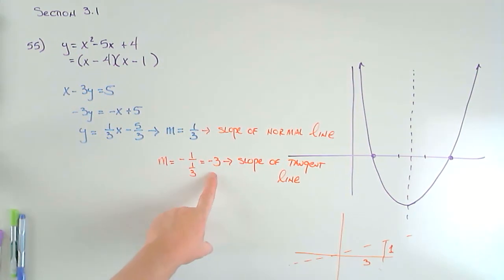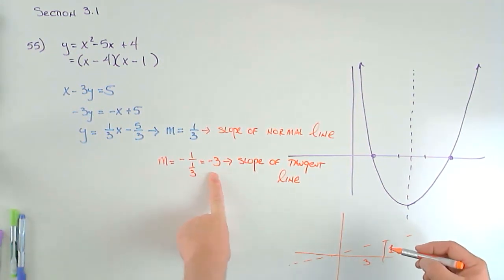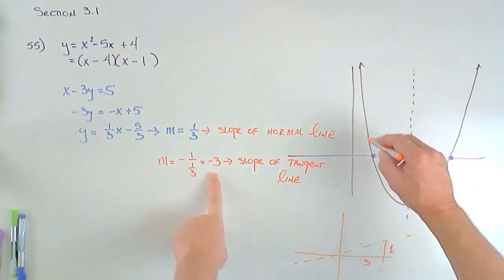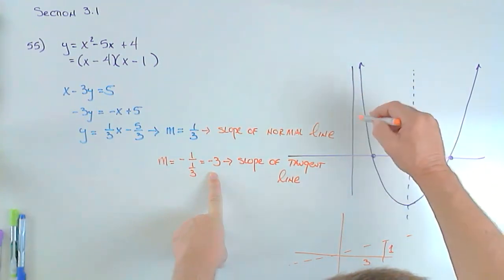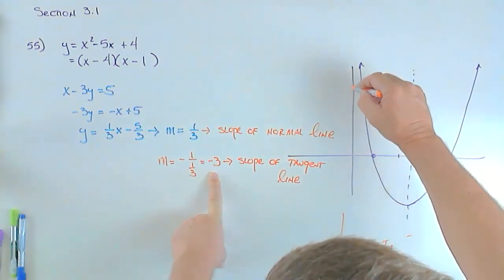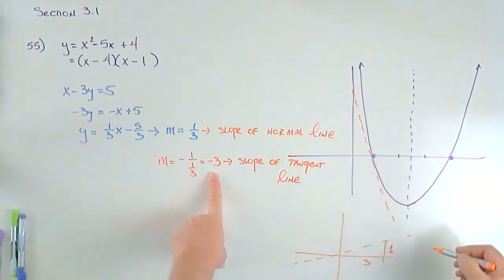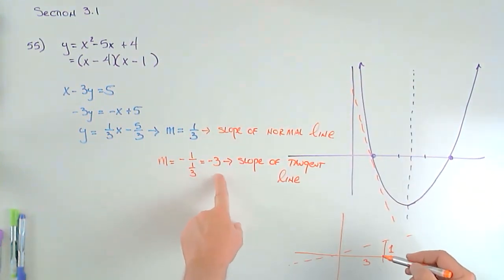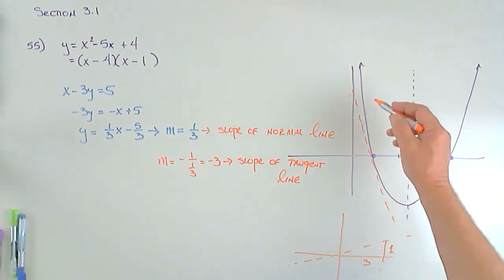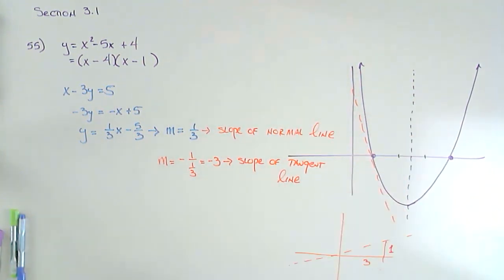So the slope of our tangent line is going to be -3. They want us to figure out where on this parabola, and I didn't draw this parabola with a scale, the slope is -3.